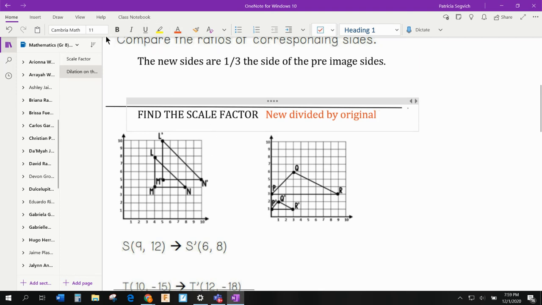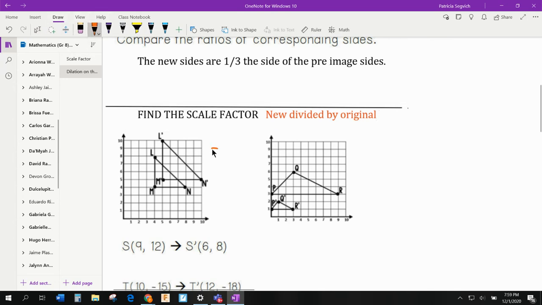So 5 over 4. Now, if you want to check it with another number, our new N is 10, and our original N is 8. So we could also write it as 10 over 8, right? But isn't 10 over 8 the same as 5 over 4? We can just divide by 2. So once again, we have that consistency of scale factors.